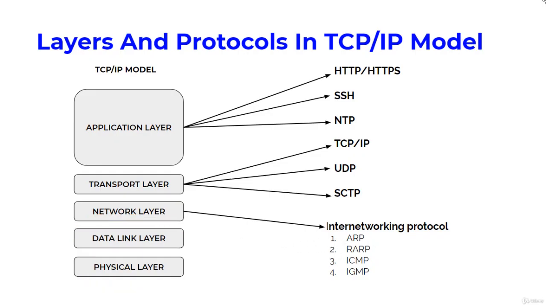So, the 5-layer model consists of the following 5 layers: application layer, transport layer, network layer, data link layer, and the physical layer. Since the 5-layer model is basically a communication model to be explained in layman's terms, I will explain it using a real-life communication example. Now, for the explanation purposes, I will demonstrate it in the 4-layer model.